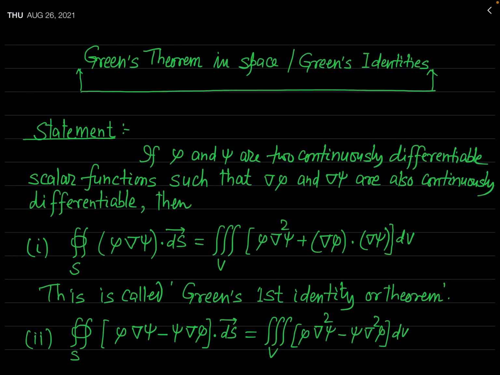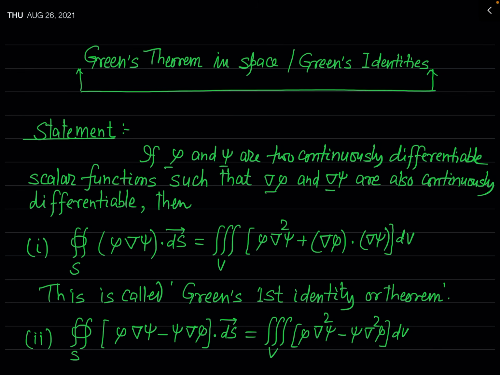Actually, consider two continuously differentiable functions, phi and psi. It means phi and psi both are continuously differentiable scalar functions, and they are such that their gradients, that is del phi and del psi, are also continuously differentiable.